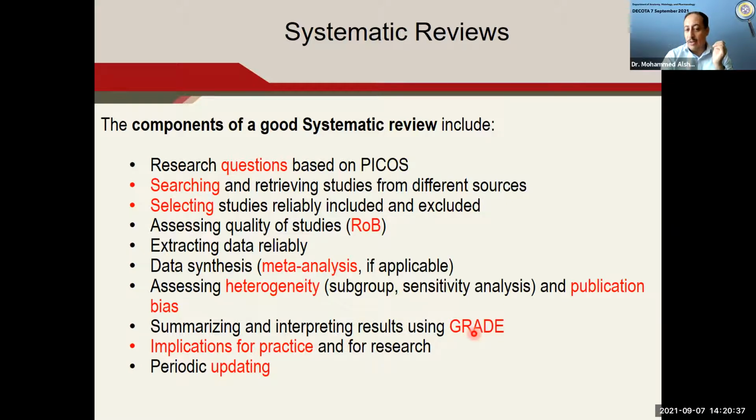But some studies don't add this one. It's not essential, but it would be better. And then the systematic review should have clinical implication, because at the end of the day, if you run a systematic review and meta-analysis and it doesn't have any clinical implication, what's the point? So it would be great if it has, you will advise the scientists, and you should update this systematic review.